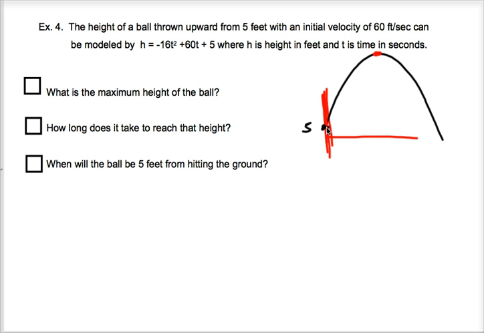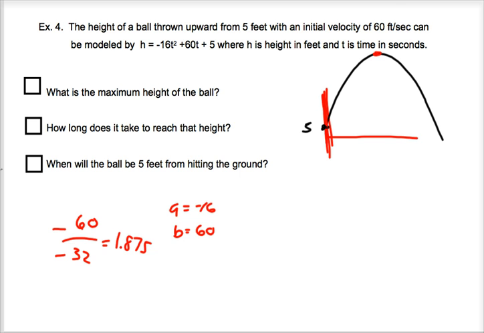So find the vertex. We're just going to do negative b over 2a. So we get negative 60 over negative 32. B was 60. A was negative 16. So 2 times negative 16 is negative 32. If I divide that out, I get 1.875. That gives me the x-coordinate.